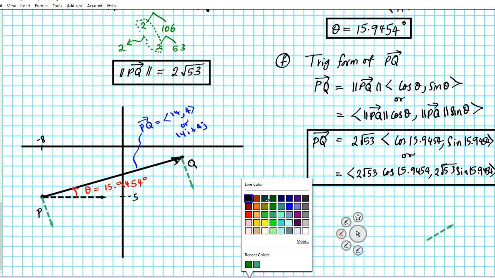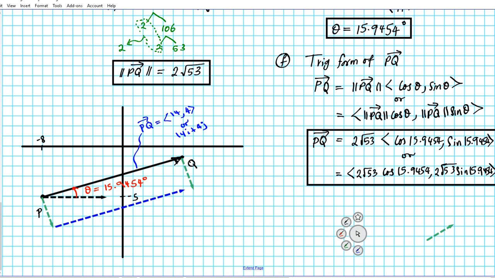I'm going to make it in blue. From here to here, that's how long the vector is. So let's specify that. The magnitude of vector PQ, the length, is given by 2 root 53.